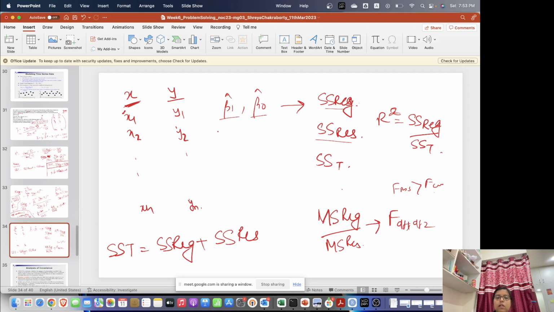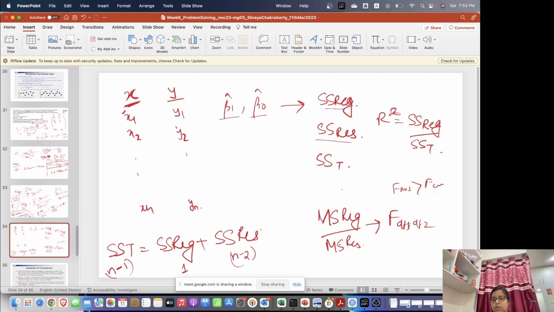For a simple linear regression, where I have only one independent variable, the degrees of freedom for regression will be 1, the degrees of freedom for residuals will be n minus 2, because total degrees of freedom is always n minus 1. MS regression is SS regression divided by 1, and MS residual is SS residuals divided by n minus 2.